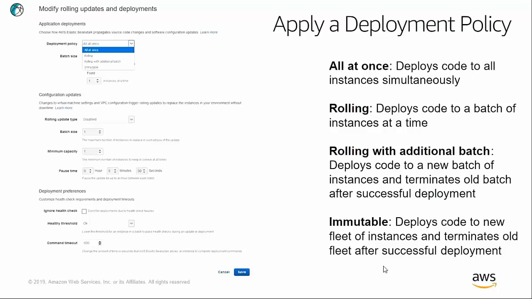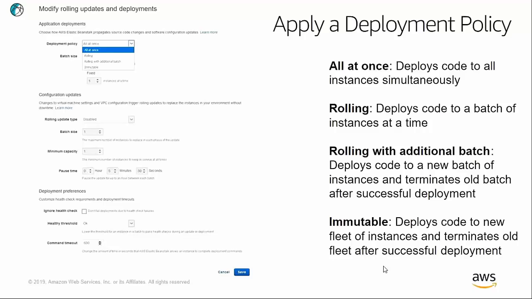High availability mode has 4 different deployment policies. They consist of all at once, which means when you deploy your code, it goes to all of your instances simultaneously. We also have a deployment policy called rolling, and that deploys code to a batch of instances at a time, and you can set that batch size by either a percentage or a number of instances.